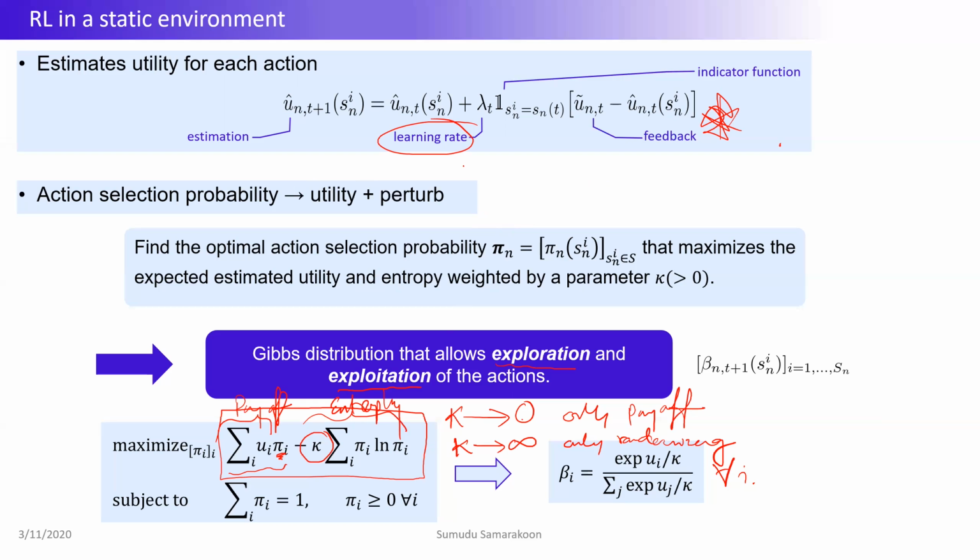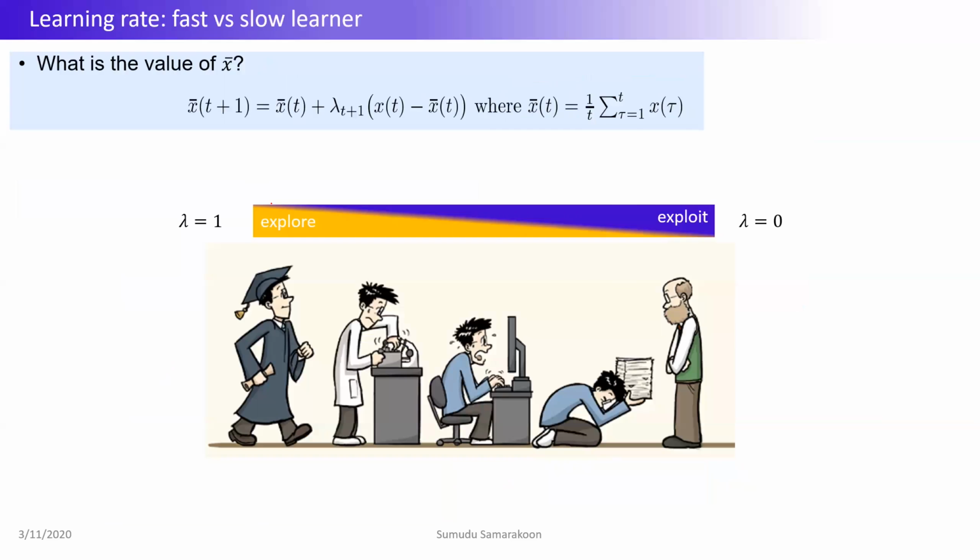So in that case, this learning rate plays a major role. Now consider a simple example where we calculate the time average value x bar in this format. So we have the time average value, or an estimation, that we observed at time t, and we have a new observation.